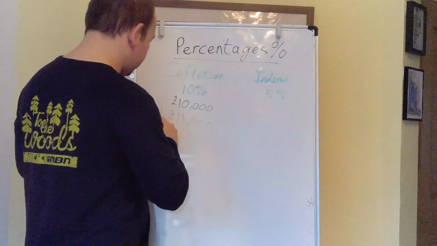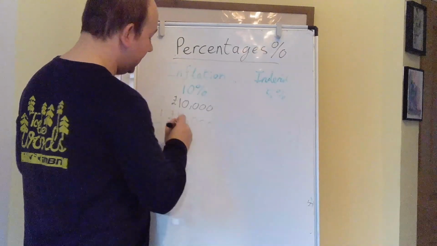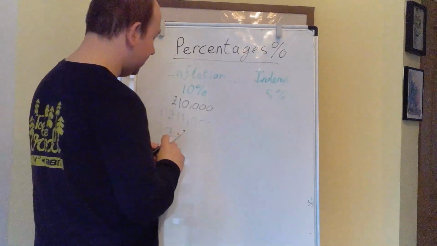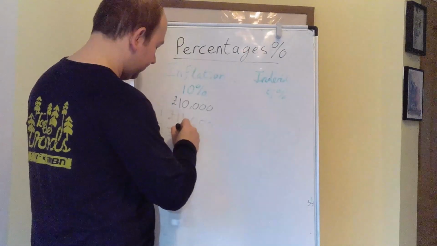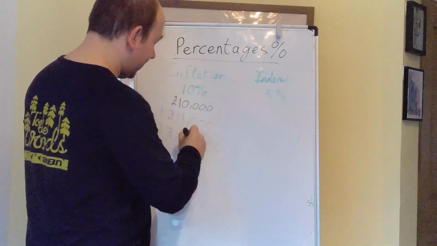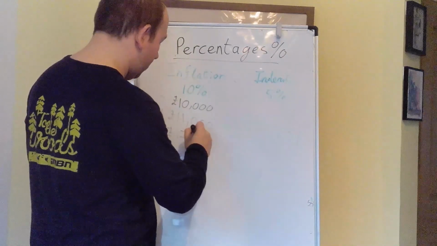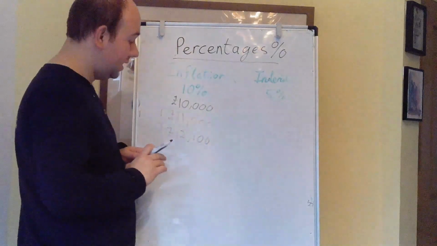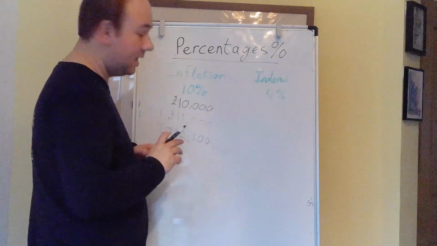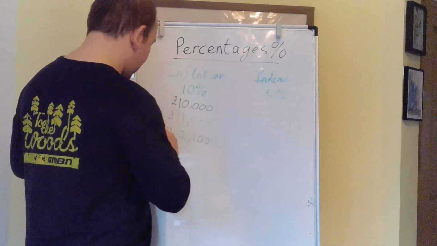After 2 years, it's going to go up by another 10%. So after 2 years, you're going to need £12,100 to buy your 10,000 Mars bars.